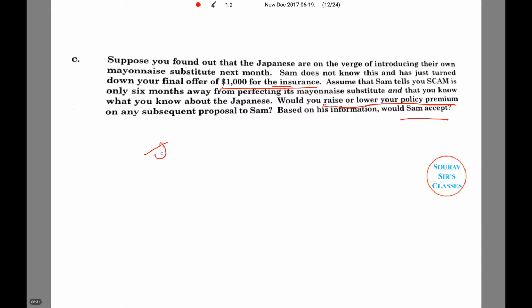The entry of the Japanese lowers Sam's probability of a high payoff.